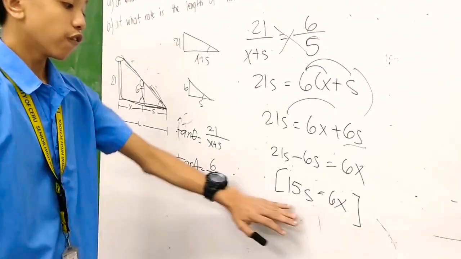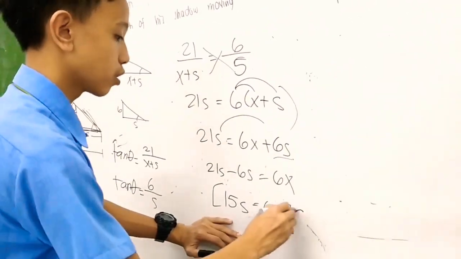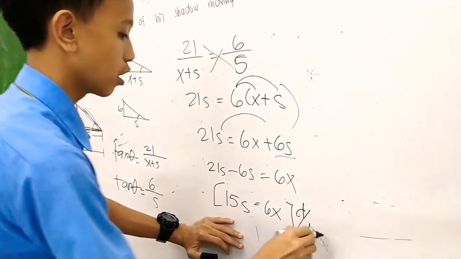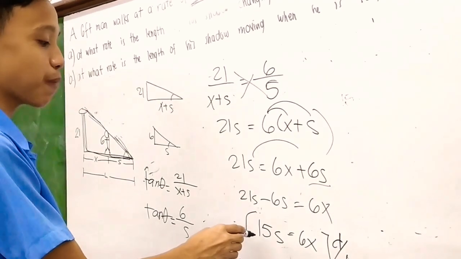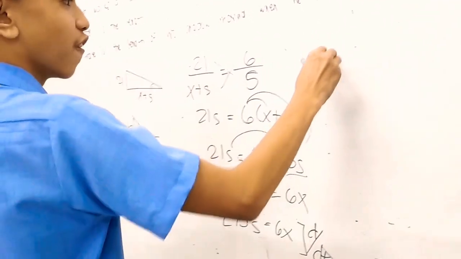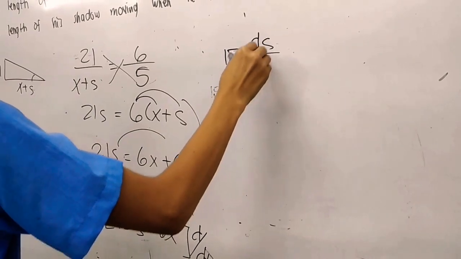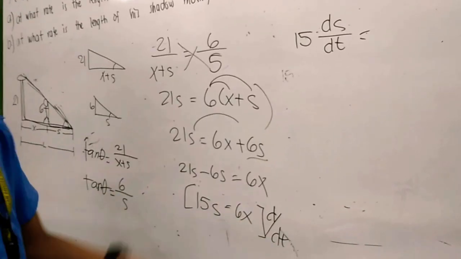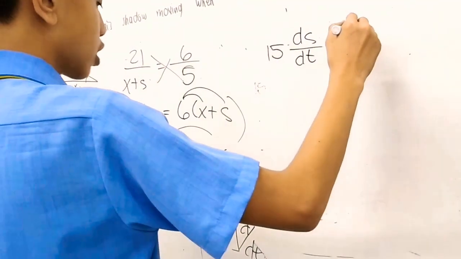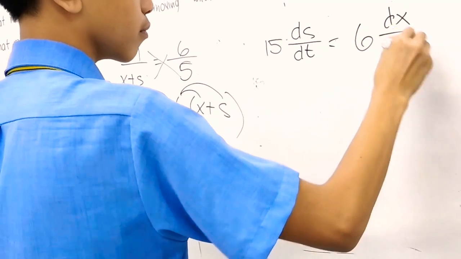And now we're gonna get the derivative of these two terms with respect to t. So the derivative of 15s with respect to t is simply 15 times ds over dt, which is equal to the derivative of 6x with respect to t, simply 6 times dx over dt.